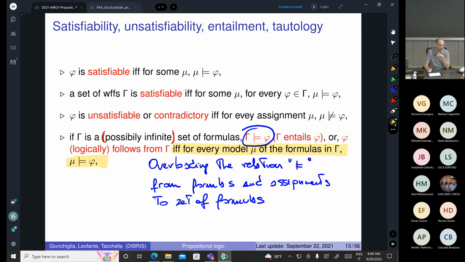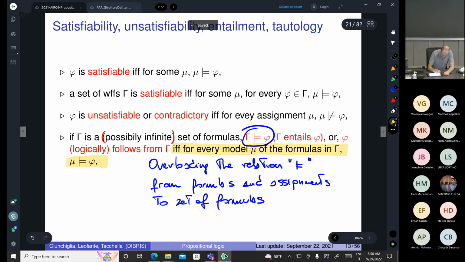Notice that phi could be satisfied by other models. We are not saying anything about the models of phi. We're just saying that as long as all the models of gamma are also models of phi, this works. If you find just one model of gamma which is not a model of phi, then this doesn't work.